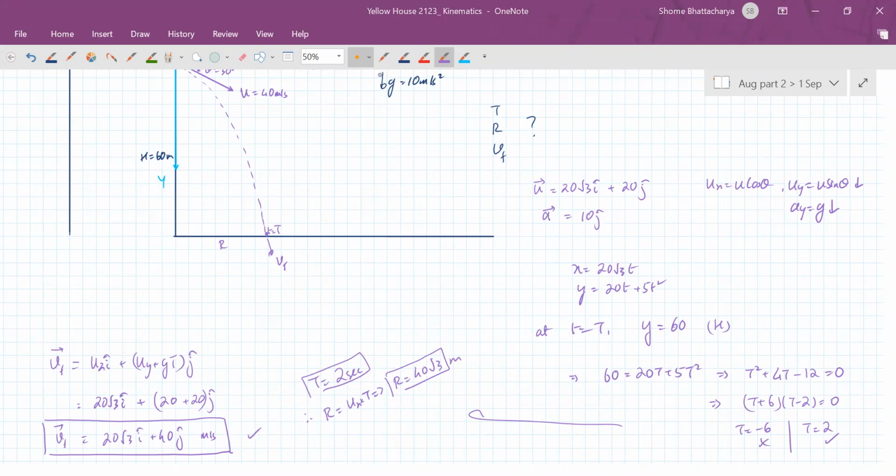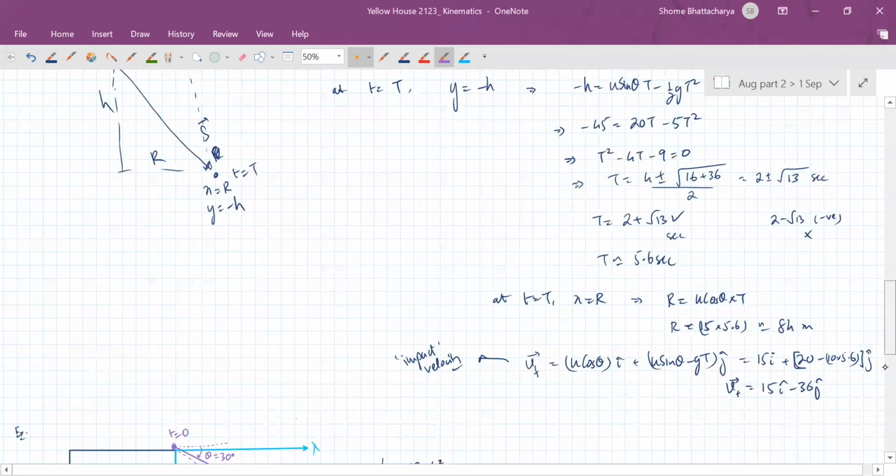No, but in this case, I've taken the y-axis downwards, Rohan. You understand? I've taken the y-axis downwards.